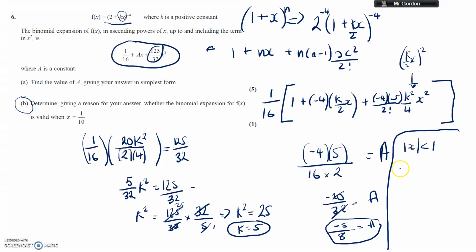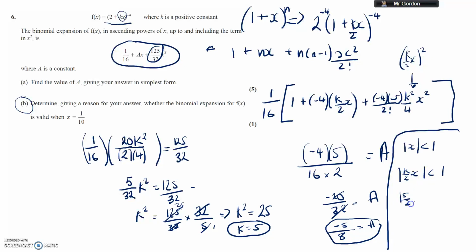Our value we have, in our position here, we've got k over 2 is our x value. So we have in our modulus sign here, which is going to be less than 1, k over 2x is less than 1, and our k value is 5.